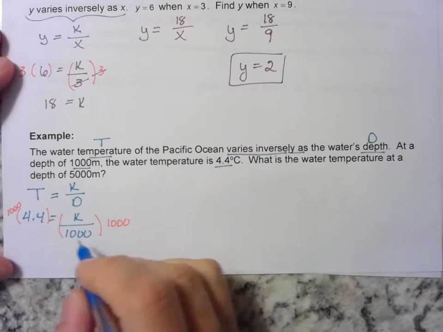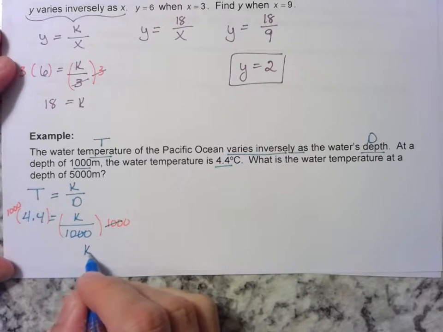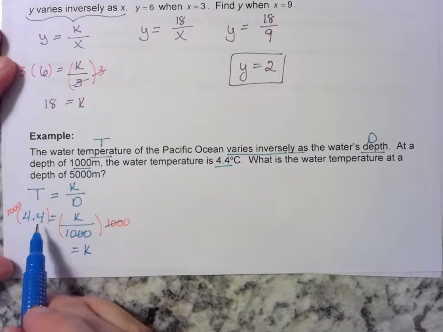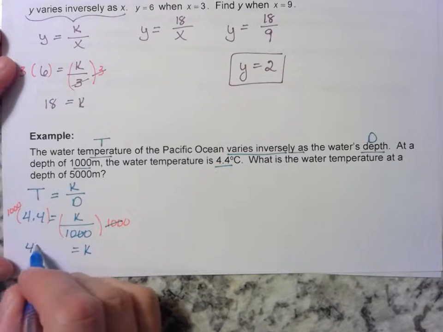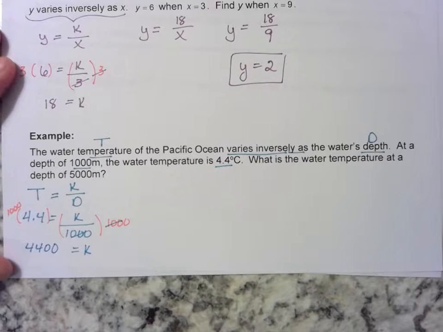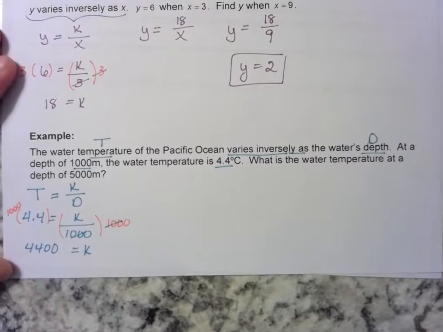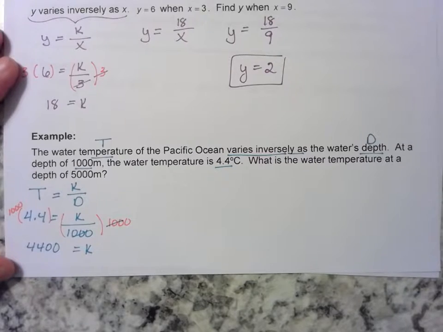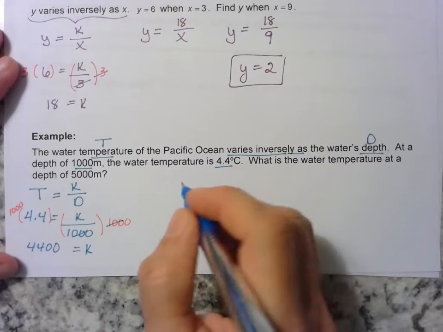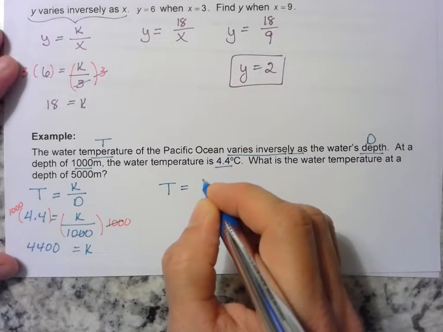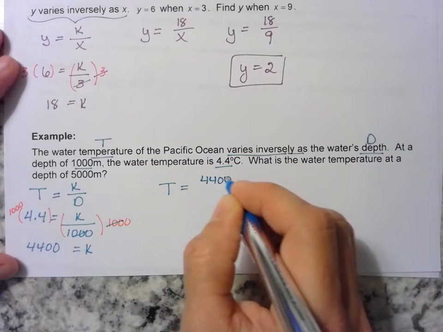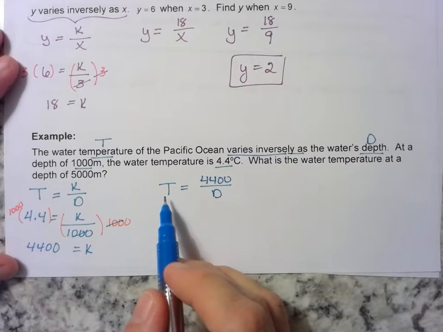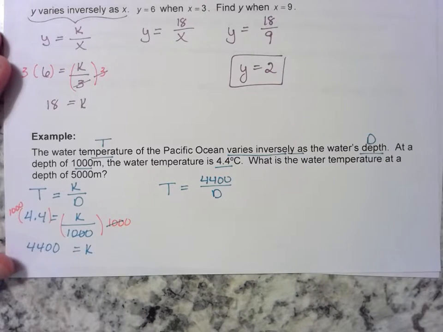This will reduce to 1, and we get k is equal to 1,000 times 4.4, which is 4,400. So our generic formula is T equals k divided by D. So temperature equals 4,400 divided by depth.